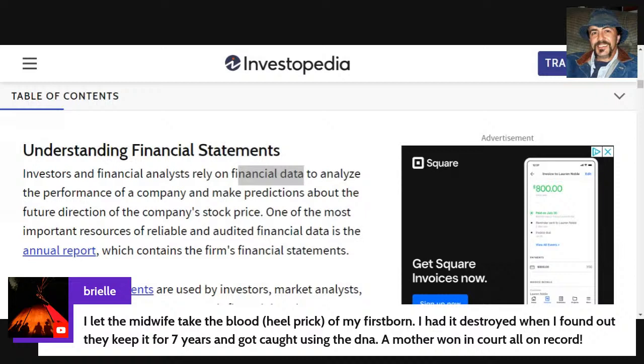I had it destroyed when I found out they keep it for 7 years and got caught using the DNA. Think about that, folks. The data elements that you give in every form are very important. A fingerprint, that's a data element. It doesn't have to be in the form of symbolized data. It can be engraven data.